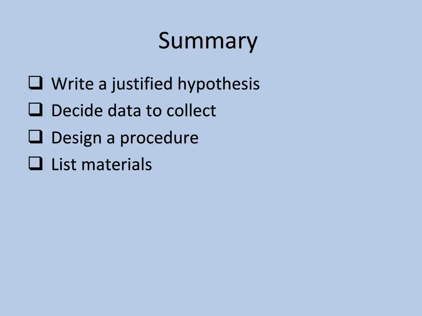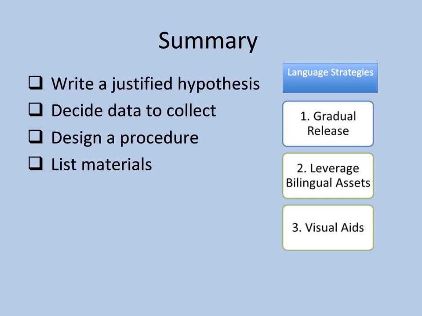During this video launch of Week 4, we've explored how to help students create 4 things needed to begin experimenting: a hypothesis, a data table, a procedure, and a materials list. To add support for bilingual learners, we acknowledge and leverage bilingual students' assets, we use visual aids, and we utilize teaching strategies such as the I do, we do, you do gradual release.